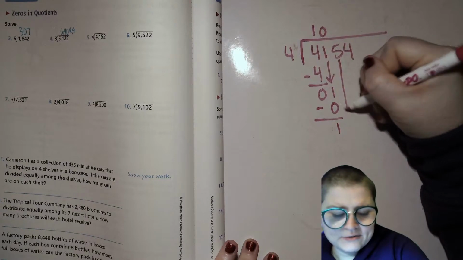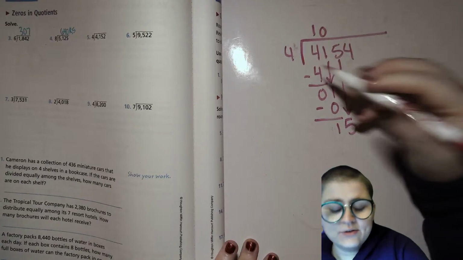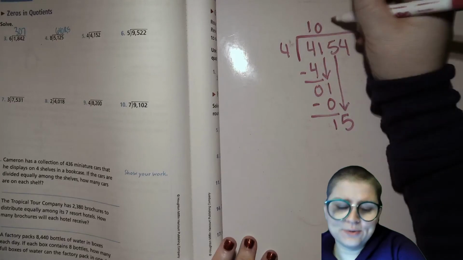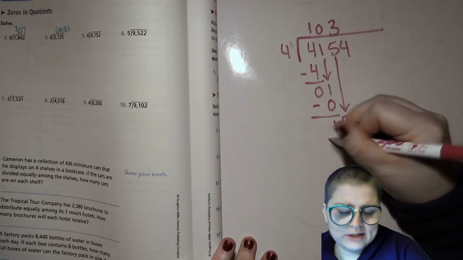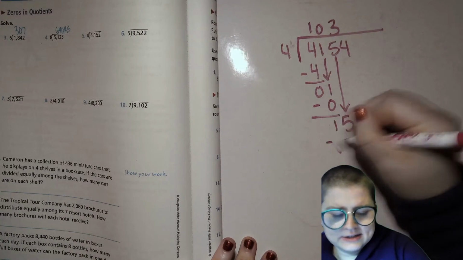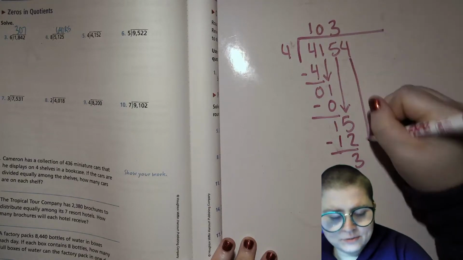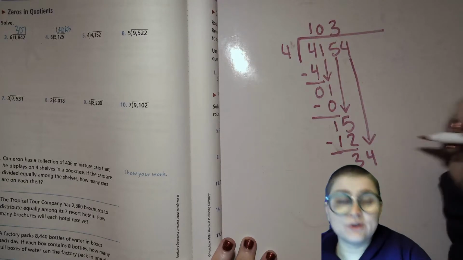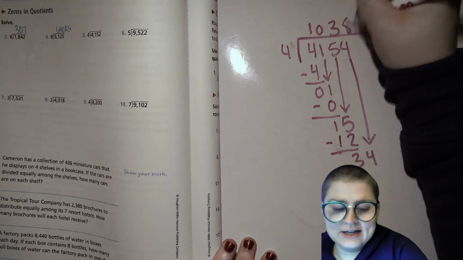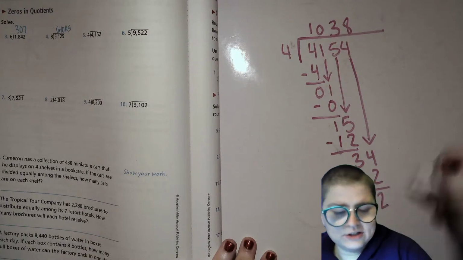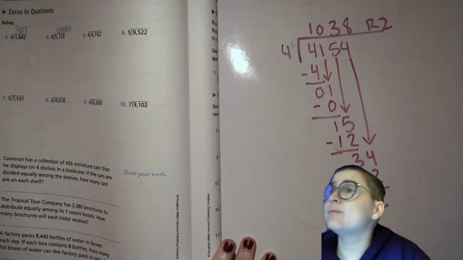Now we bring down our 5. 4 goes into 15, almost 4 times, but not quite. So 3 times, right? 4 times 3 is 12, and then we have 3 here. Bring down that 4. 4 goes into 34. 8 times 32. Difference is 2, so remainder 2.